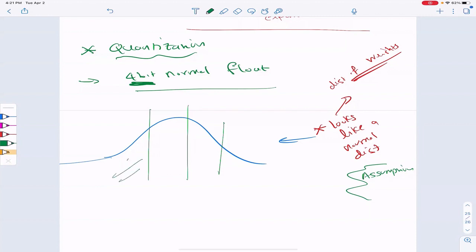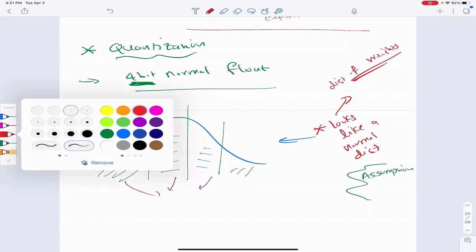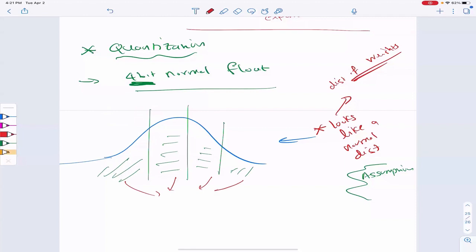In other words, if you look at the areas here, more or less you want to have the same area in each quantization level.